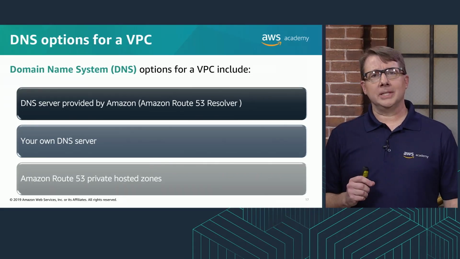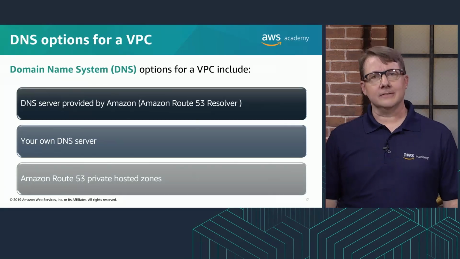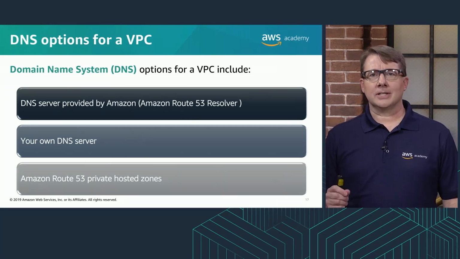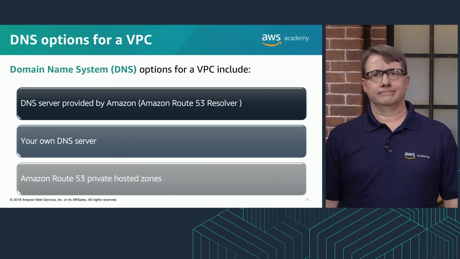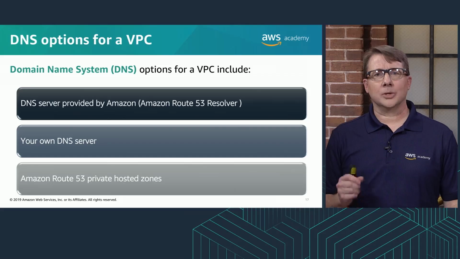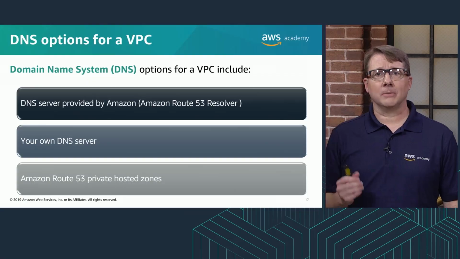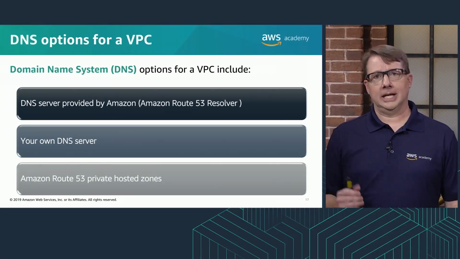When you create a VPC, AWS automatically assigns an Amazon-provided DNS server to it for use in resolving hostnames in the VPC. This DNS server is called Amazon Route 53 Resolver. By default, Resolver directly answers DNS queries for domain names in the VPC. It also performs recursive lookups against public name servers for all other domain names.